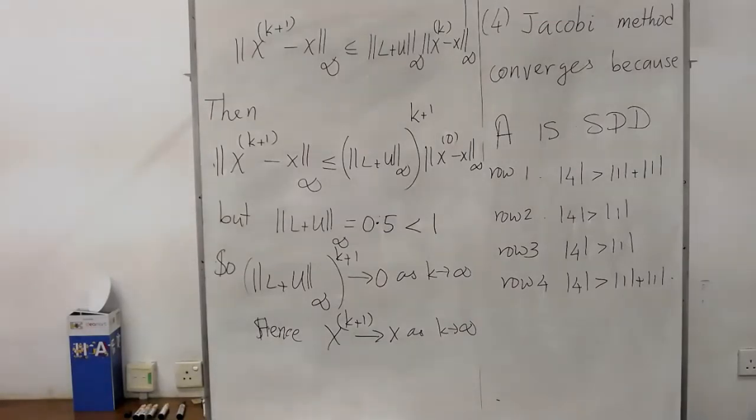Or, because you computed the infinity norm of L plus U already, you can directly show that the iterative method converges using the fact that the infinity norm of L plus U is strictly less than 1. These are the two ways to do that. And by using a similar approach, you can do the same thing for the other iterative methods as well.